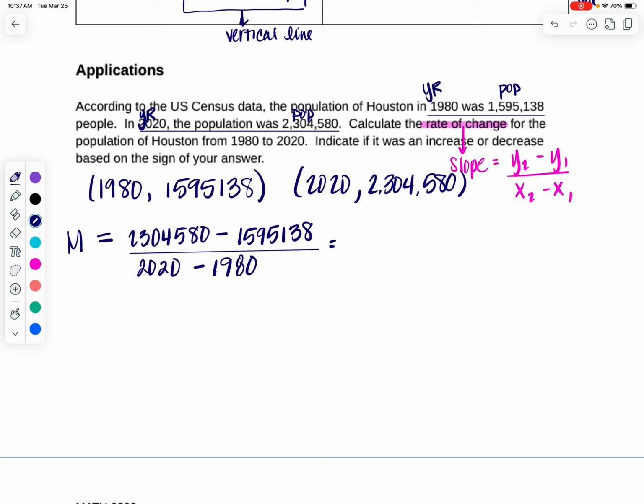Well, this is definitely a Desmos moment. I'm going to open it up on my desktop. This gives me 709,442 over 40.